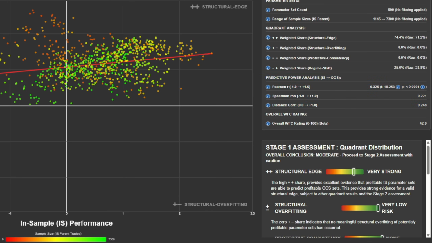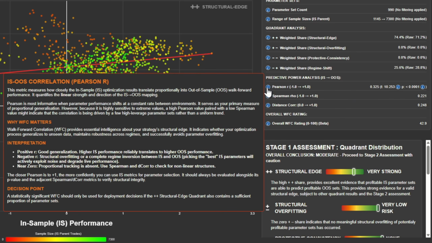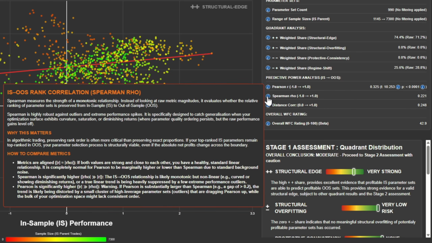If the optimization surface contains genuine informational content, meaning parameter selection is useful, you'll see a clear positive relationship. On average, when this is the case, the better a parameter set performs in sample, the better it will also perform out of sample. Walk-forward correlation quantifies this relationship using 3 metrics: Pearson, Spearman, and distance correlation, each capturing a different aspect of predictability.